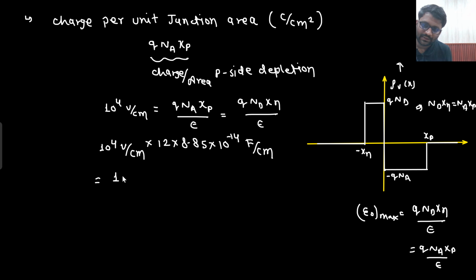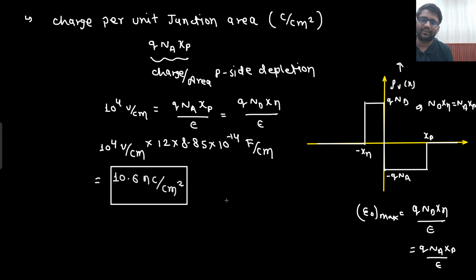So 10.6 nanocoulomb per centimeter square. This much charge per unit area you will be getting, on the n side as well as on the p side. On the n side it would be positive, on the p side it would be negative.